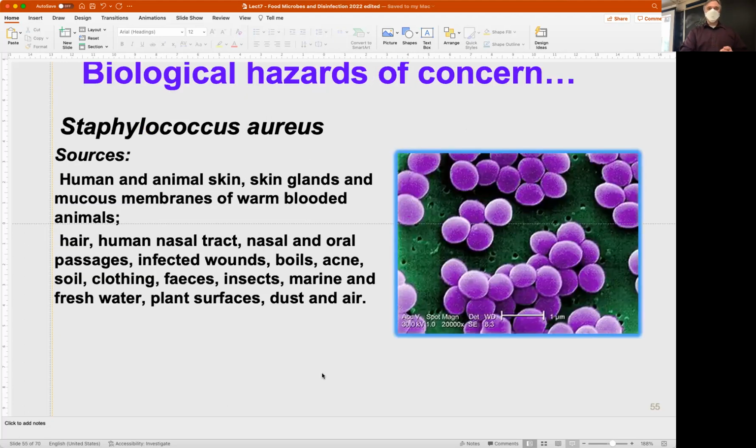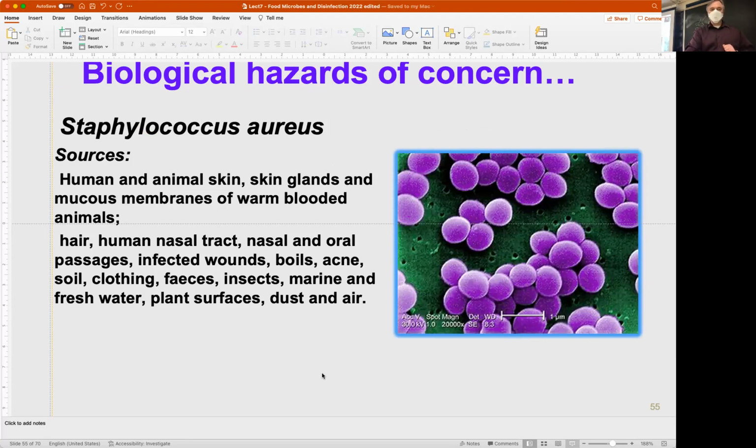Okay, so that's the E. coli O157. Staph aureus, I just mentioned here because Staph aureus is on our skin. It's a common sort of microbe. It's found in hair, the nasal tract, so it's in our noses, our oral passages, acne, fresh water, plant surfaces.